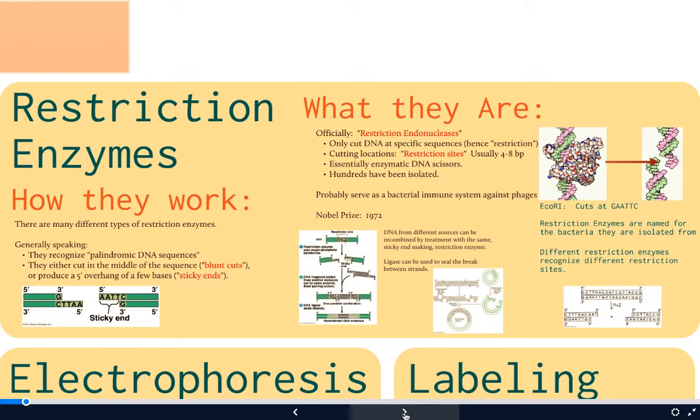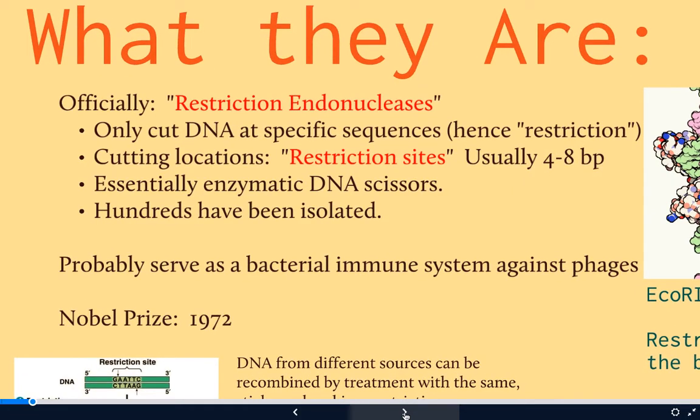Okay, they cut usually in 4 to 8 base pair lengths at a restriction site on the DNA. And hundreds of them have been isolated. So they probably serve as a bacterial immune system against the phages. So I'll blow that up a little bit for you. And their discovery won a Nobel Prize in 1972.